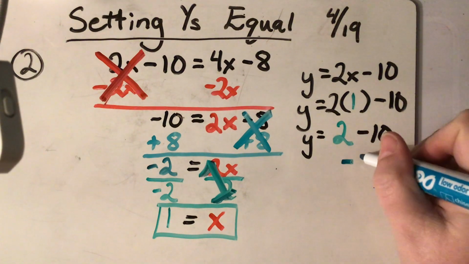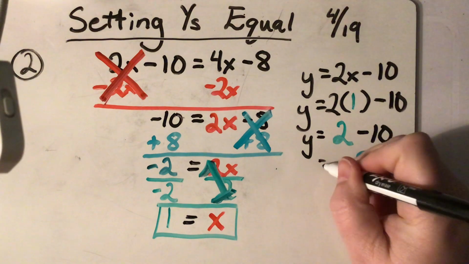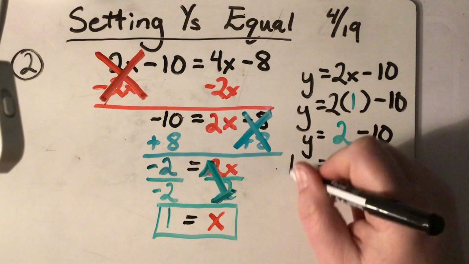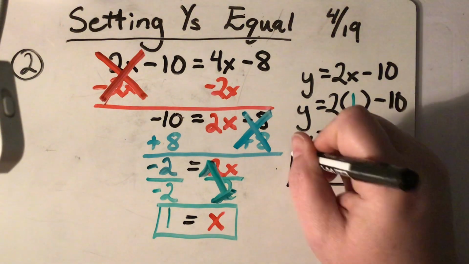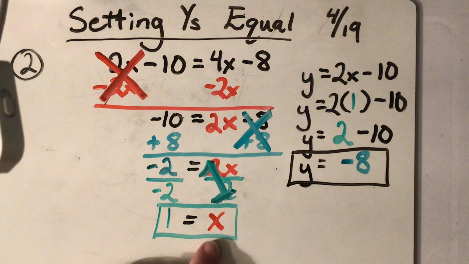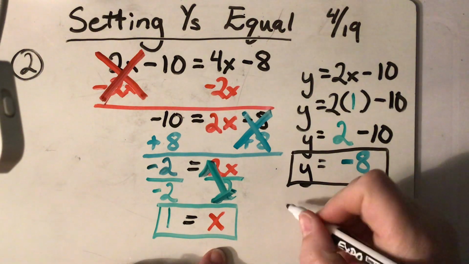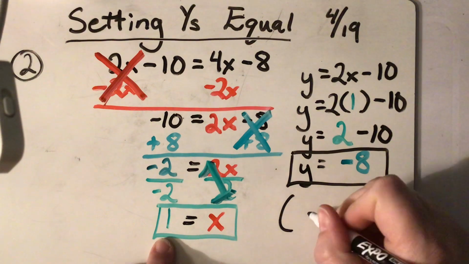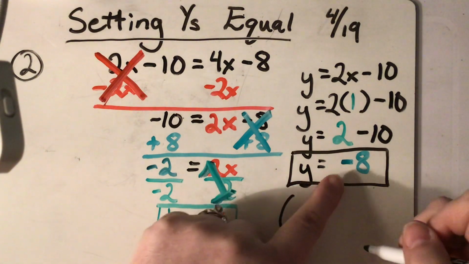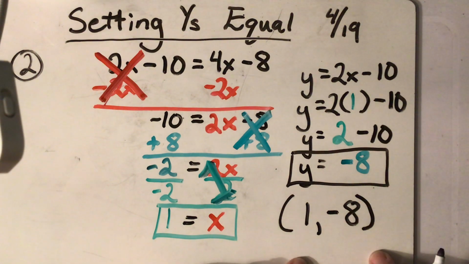So now we've got negative 8 equals y. And that is my final answer there. Now I got to put these together in a point. What comes first? First we have our x. Okay? Our x, which is 1, and then our y, which is negative 8. So that's my final answer.